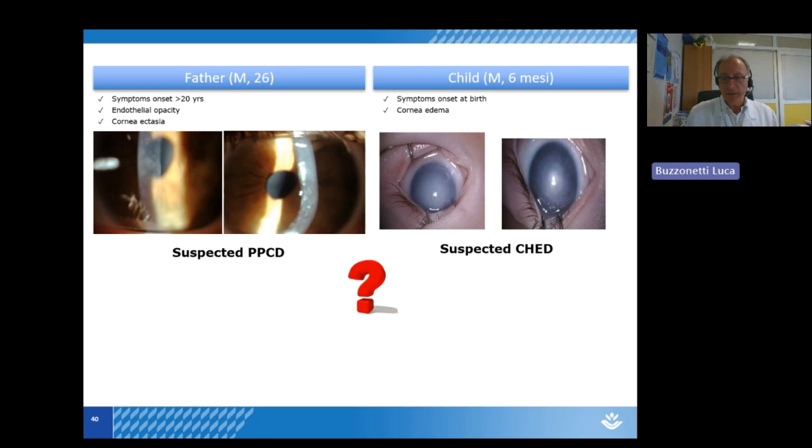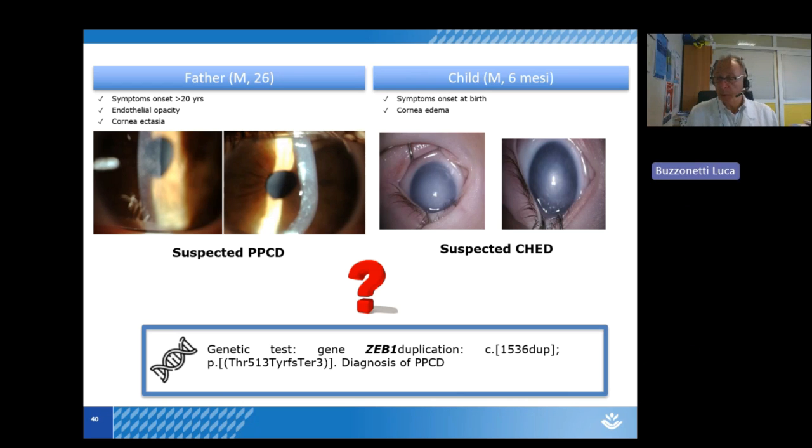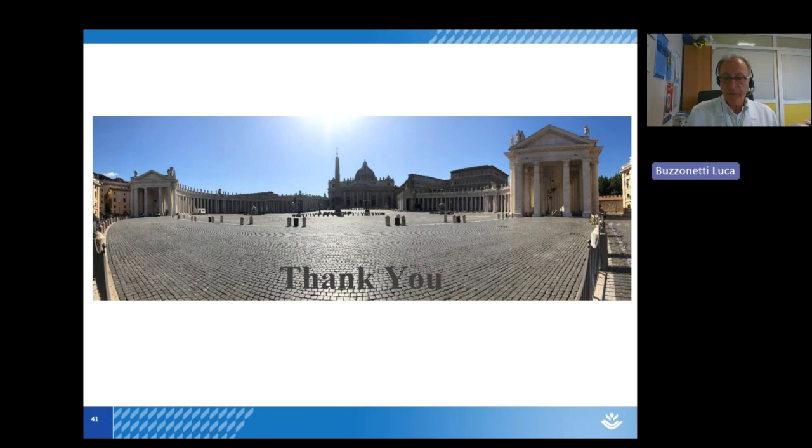The genetic exam surprised us with a diagnosis of posterior polymorphous corneal dystrophy also for the child. So effectively, the genetic exam totally changed the opinion that the clinical evaluation did.